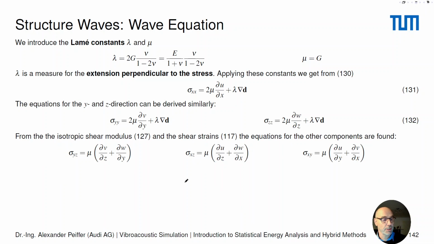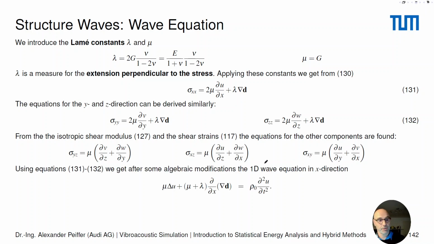The remaining shear stresses that have to be found, and that's an easy thing. The relationship is just given by Hooke's law, which gives the shear modulus and the shear strain that relates to the shear stress. Good. So now we have explained all stresses in terms of displacements.